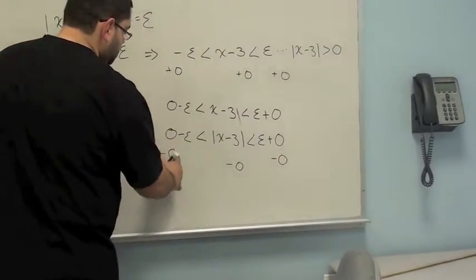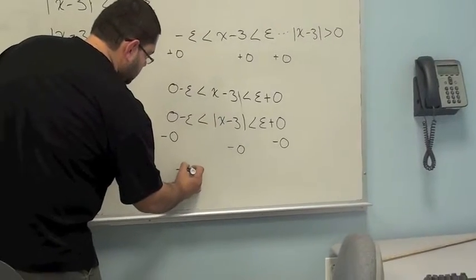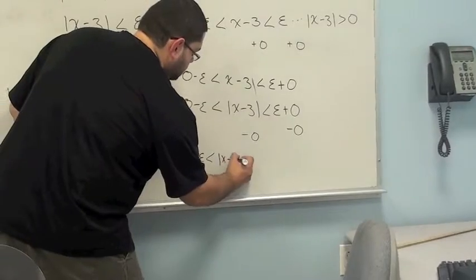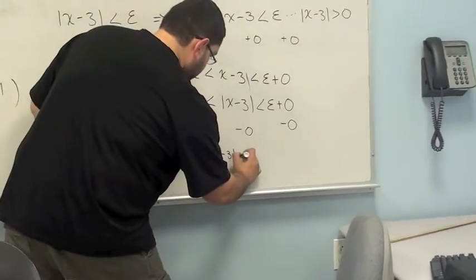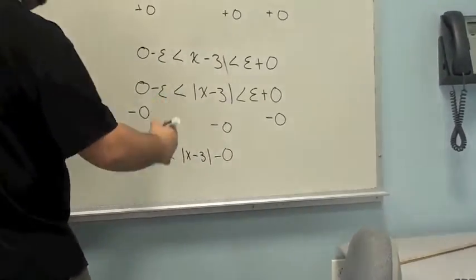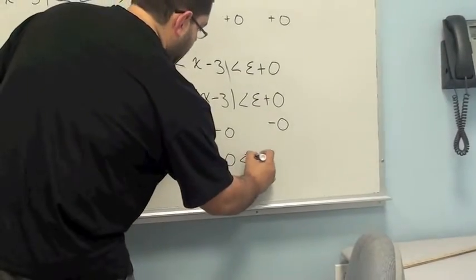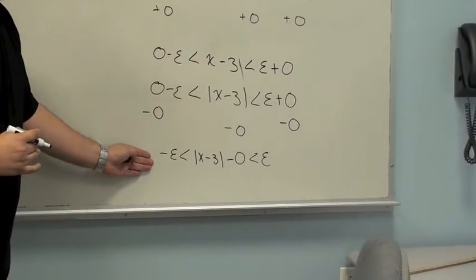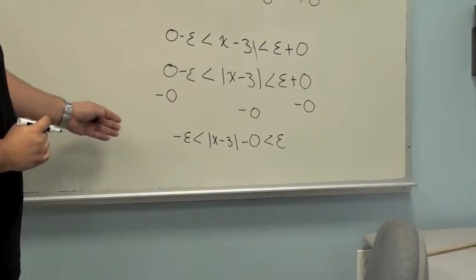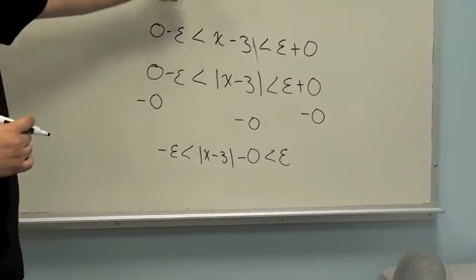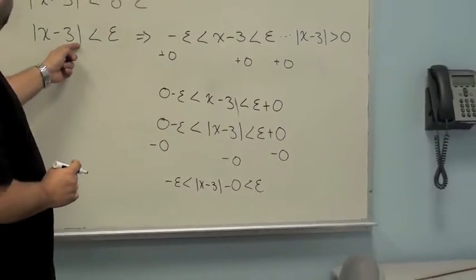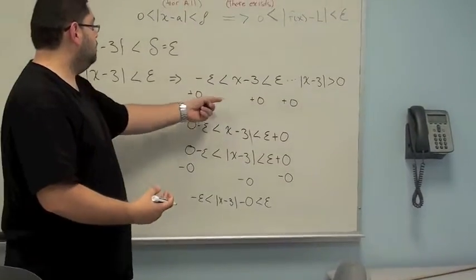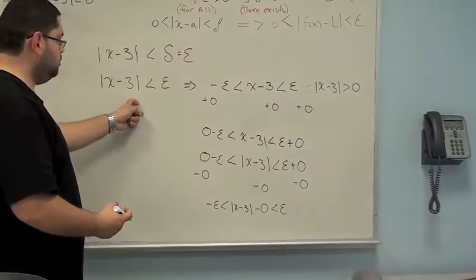So you can see that this is going to be negative epsilon less than the absolute value of x minus 3 less than 0 minus 0, less than epsilon. Right? And if we see here, it's very similar to where we started. So if we came from this point to this point by splitting the absolute value, we can come back from this point to this point.